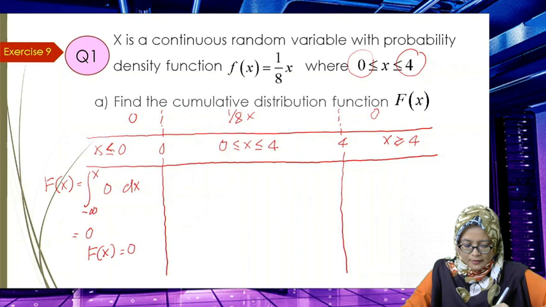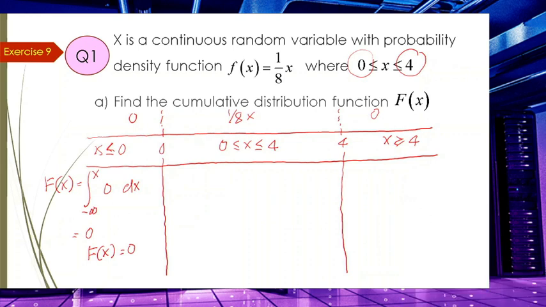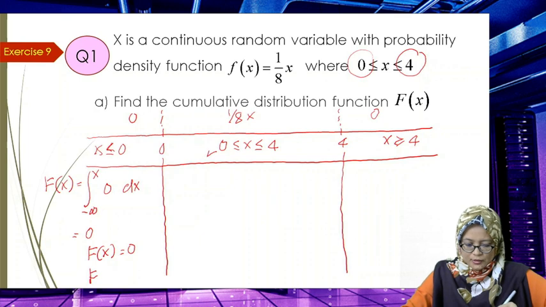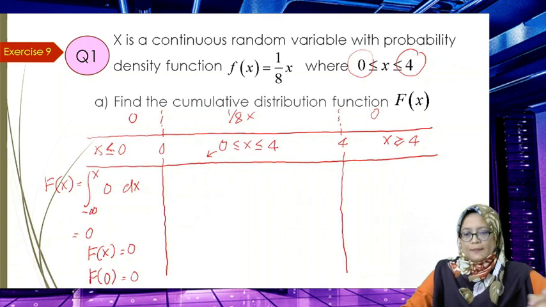So bila kita nak masuk untuk second interval, kita akan ambil nilai yang sini. Maksudnya kalau sini start dengan 0, kita akan ganti nanti x tu dengan 0. Tapi sebab sini function dia tak ada lagi, so dia jadi 0 lah.